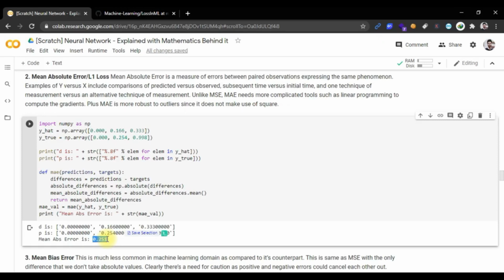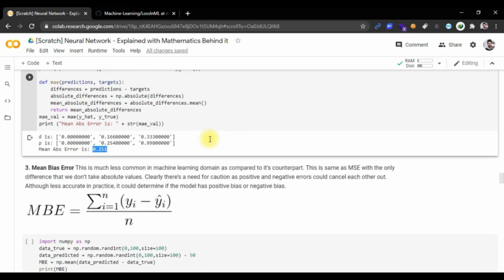These are all complex terms, but basically mean absolute error is the term we use to compare two observations of the same phenomena. Like I can write here that mean absolute error is a measure of errors between paired observations expressing the same phenomena, like y versus x, that includes predicted versus observed, initial time versus subsequent time, one technique versus an alternative technique, like comparing the two things.